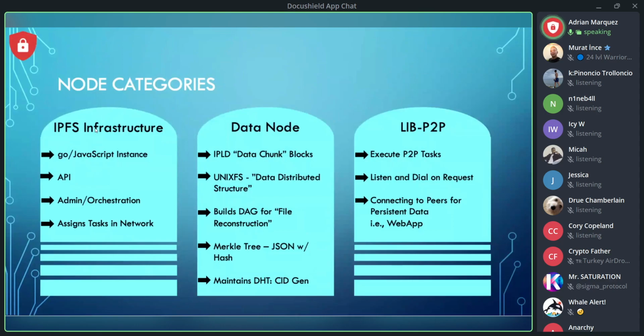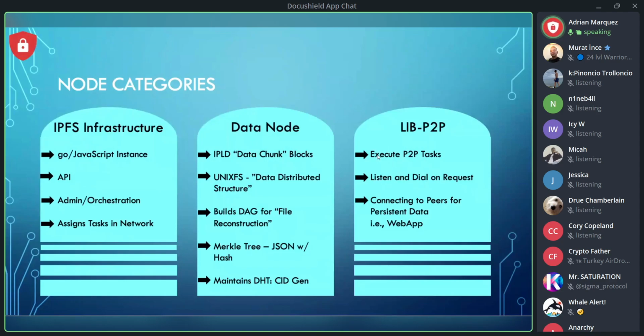So it's in charge of telling everybody who's doing what, and it plays pretty much the admin of the network. The IPFS infrastructure also gives us the ability to assign tasks to other people. Now, when we're creating a customized node profile, we could take any one of these functions, or any combination of them, and combine them into one custom node itself. So we're just really separating the functions out right here.